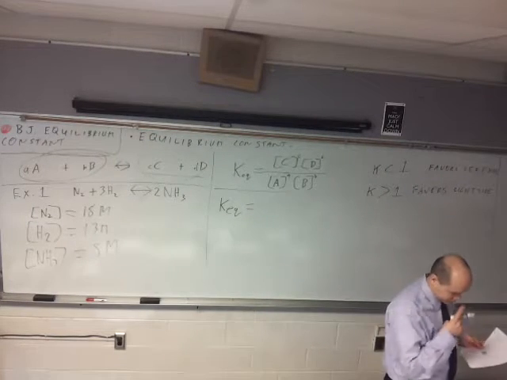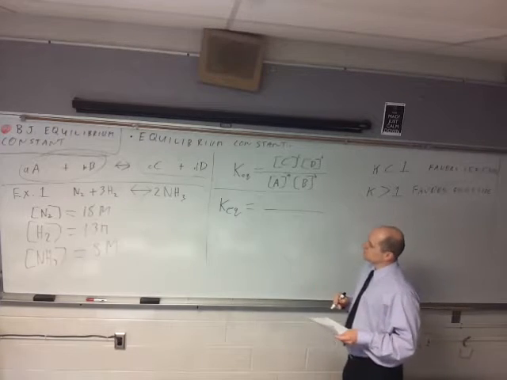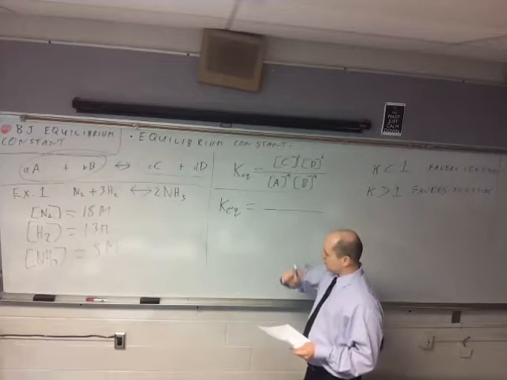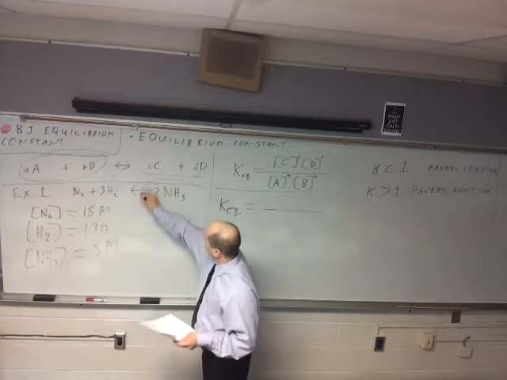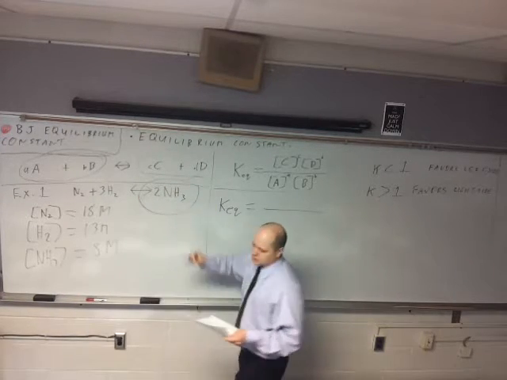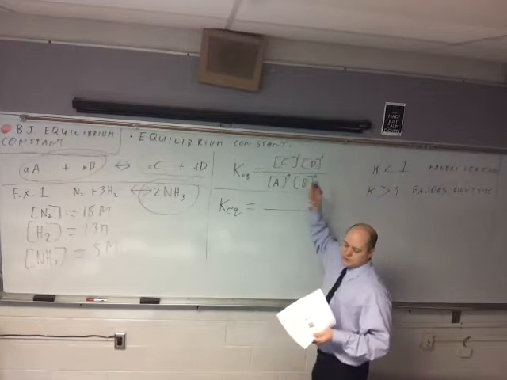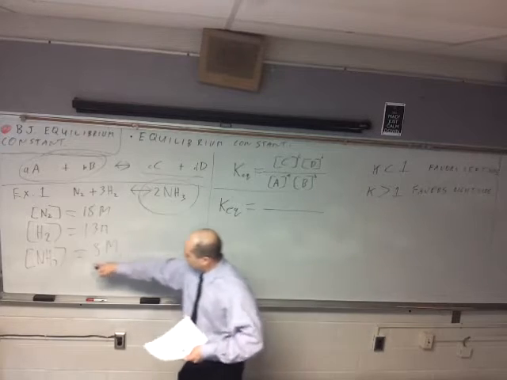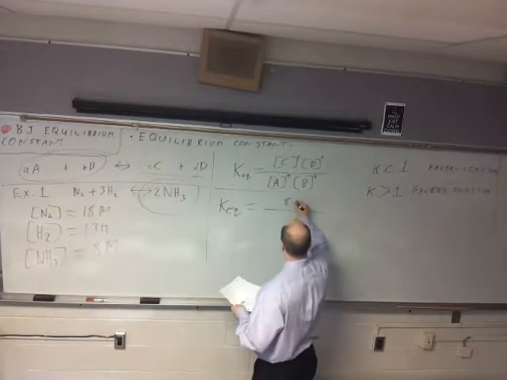So this is going to be, hang on for one second. This side here is the product side, so this side goes on top. And there's only one product, so we're only going to have one thing, a C. There won't be a D because there's only one thing over there. So it'll be whatever this is, the concentration of ammonia, so it'll be 8 molar.